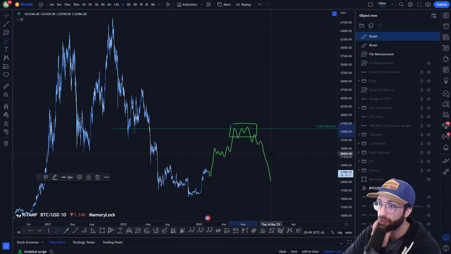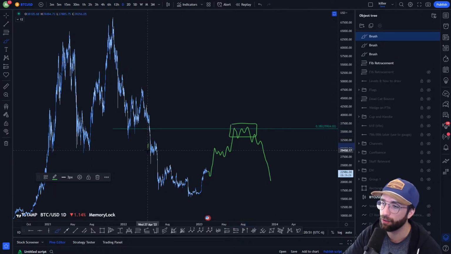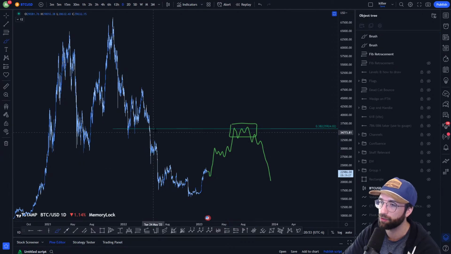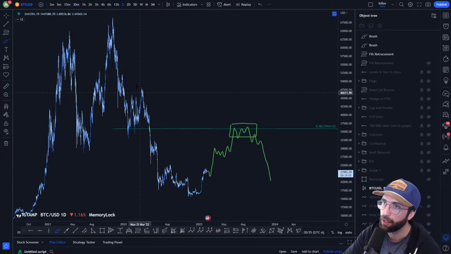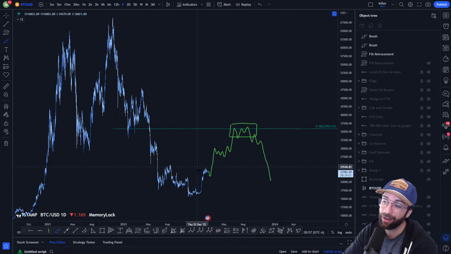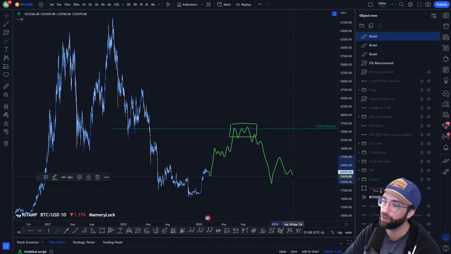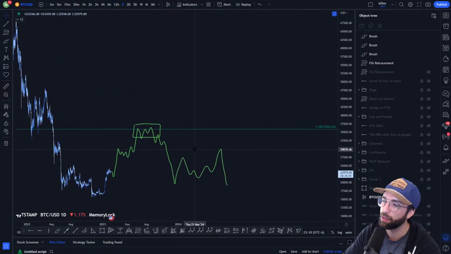I think that the 382 is a very fair place. You can look at other areas of resistance and sort of play it from there. But in terms of this entire move down, the 382 is a fair place for being a dead cat bounce where you get the move up. It's a bear market rally, and you sort of come back down and range some more.